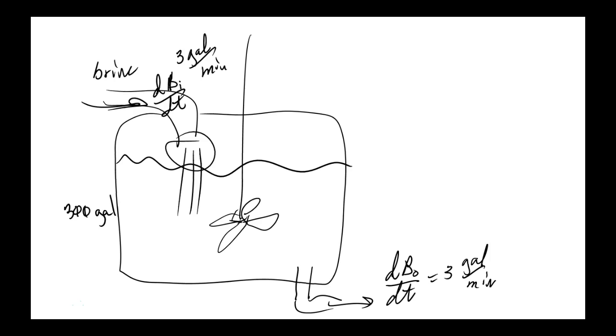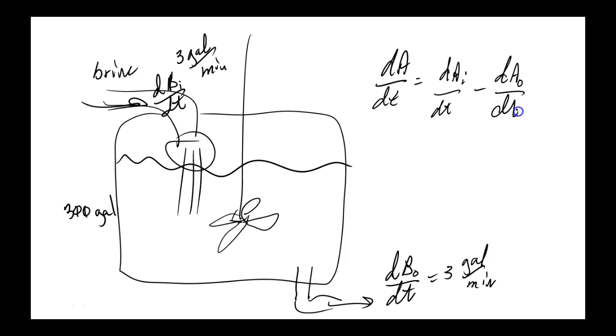So here's your equation, dA/dt, where A is the amount of salt. How is that changing with time? It's equal to the input rate of salt. So that's dAi/dt, and maybe I should have used A there, minus the output rate, dAo/dt.